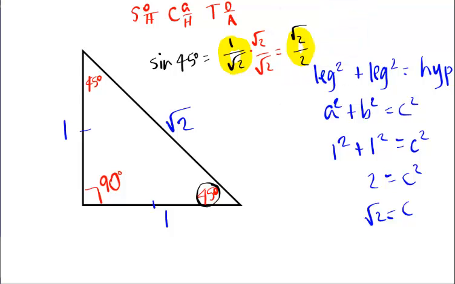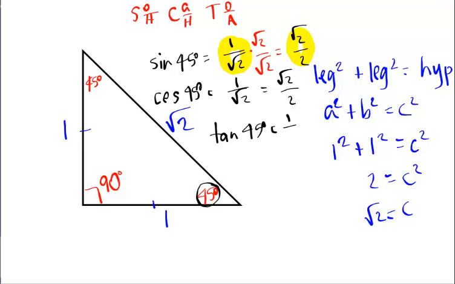What about the cosine, you might ask? Well, that would be the cosine of 45 degrees. And guess what? The cosine is the adjacent over the hypotenuse. And hey, it's going to be the same thing. And the tangent of 45 degrees. That's going to be the opposite over the adjacent, or 1 over 1, which is 1.